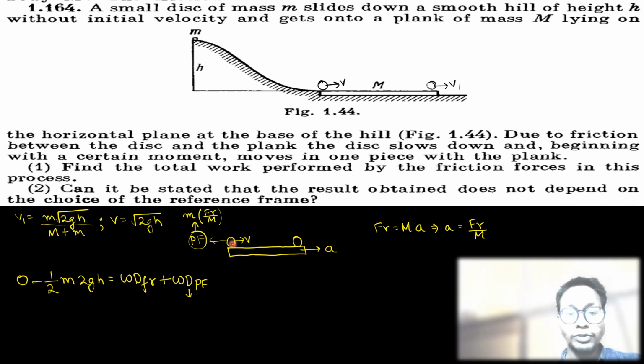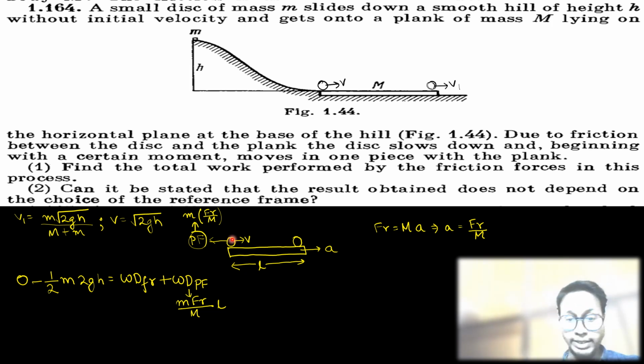Work done by pseudo force on this block is nothing but the pseudo force itself, m into friction force divided by capital M, and work done is force into displacement, into L. But L is the length traveled by the ball, the length traveled by the ball before stopping. Understood the approach?